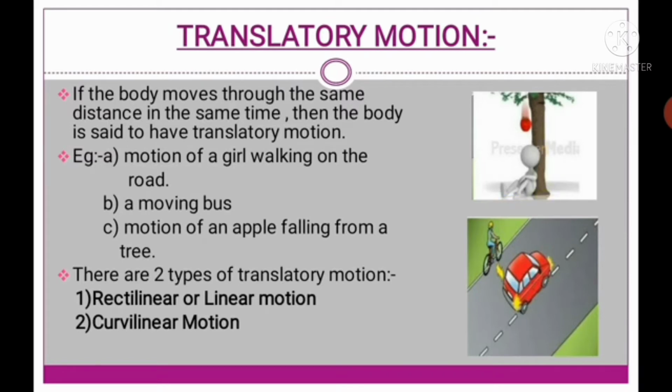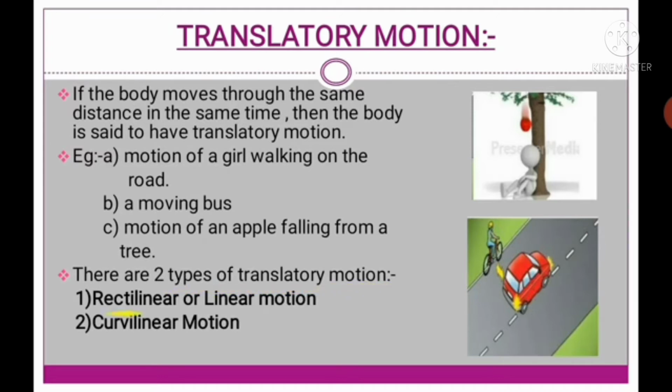And the motion of an apple falling from a tree, and the motion of a girl walking on the road, and a moving bus or any vehicle. So these are some examples of translatory motion, and this translatory motion is of two types.